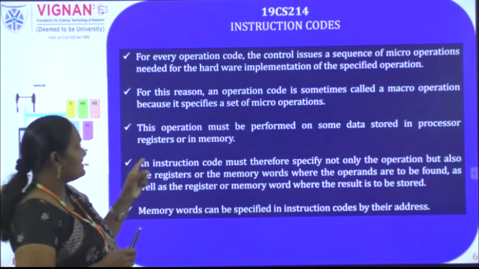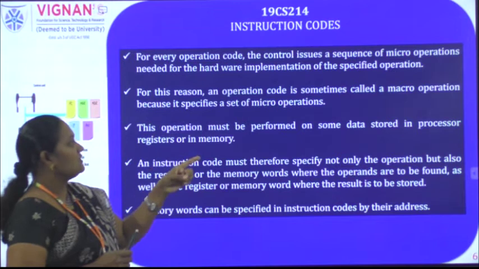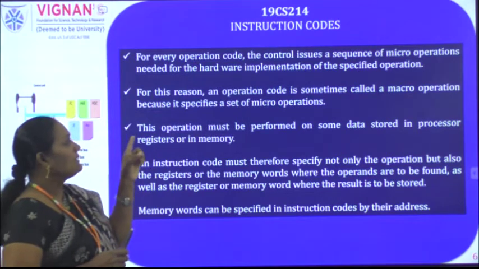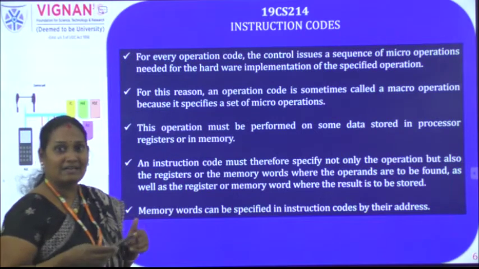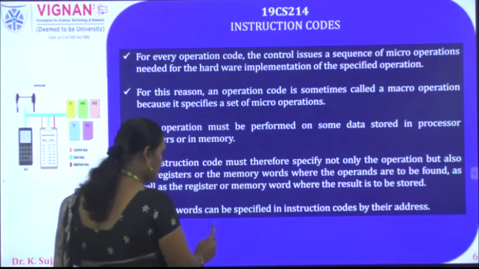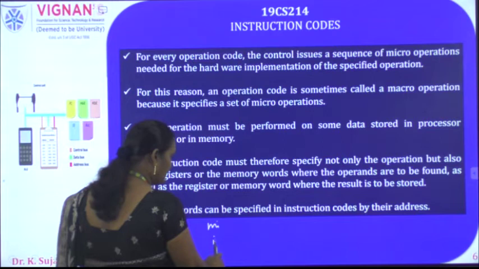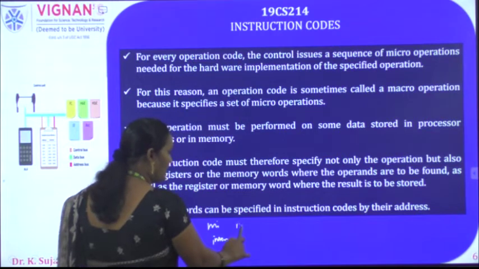For this reason, an operation code is sometimes called a macro operation because it specifies a set of micro operations. Here we have some micro operations related to internal registers, and micro operations related to hardware.